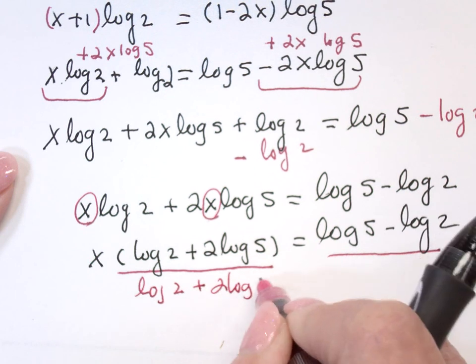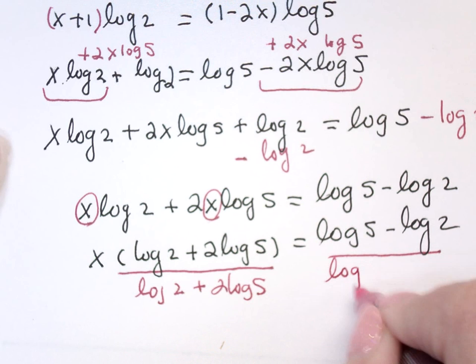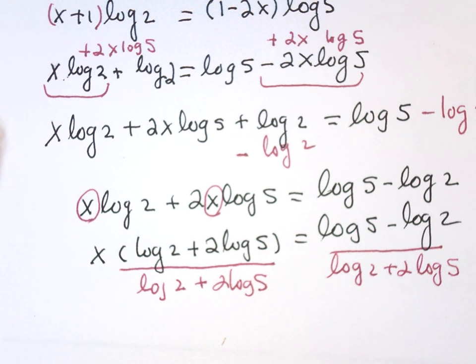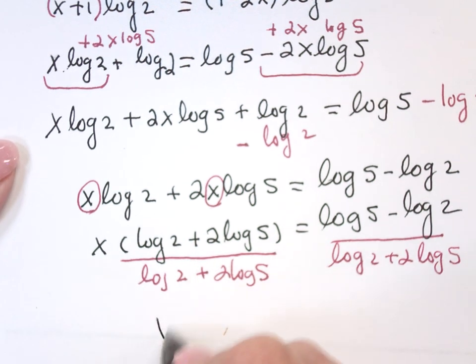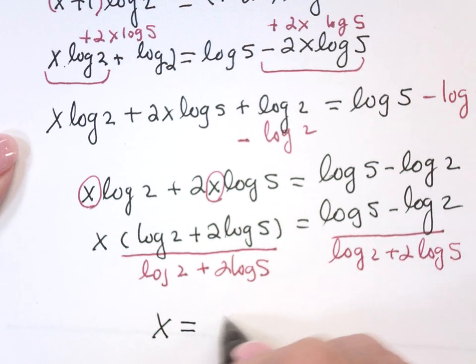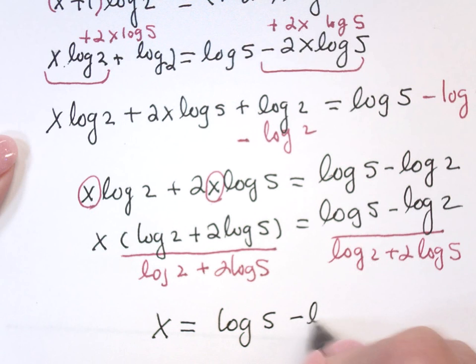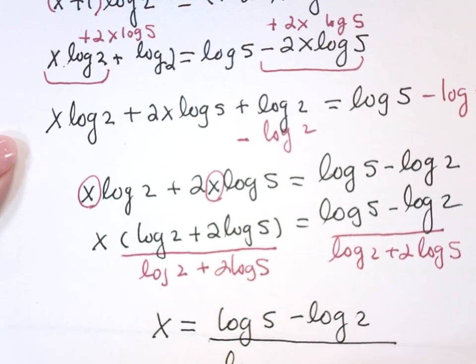Remember, it's just a decimal number. So the exact answer for this sucker is log of 5 minus log of 2 divided by log of 2 plus 2 log of 5.